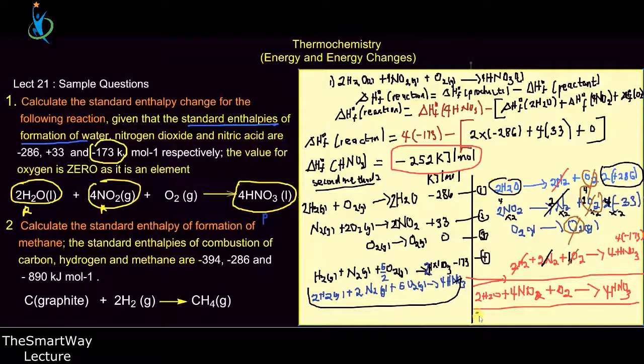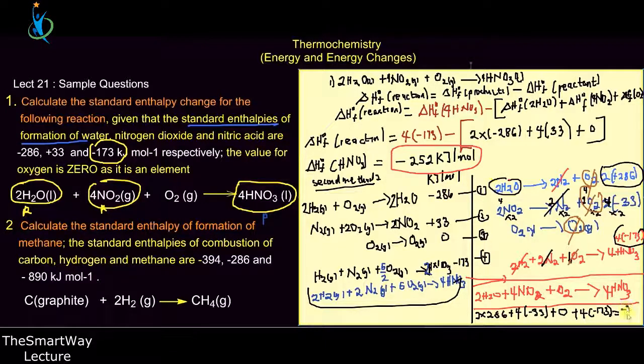We have to do 2 times positive 286, and then we also multiply 4 times the negative 3 for this one, and then we add the 0. The oxygen 0 is not needed. That is for this one. Oxygen is 0, and then the final one is that we add 4 times negative 173, and then the final answer goes back to what we said earlier.